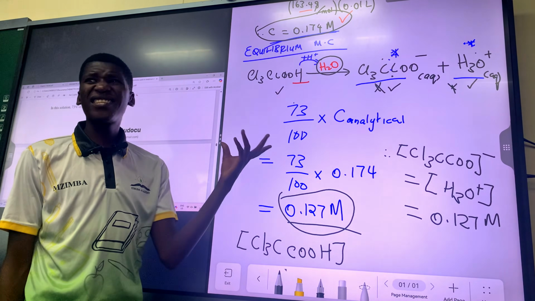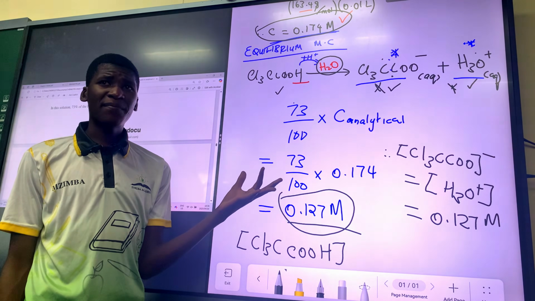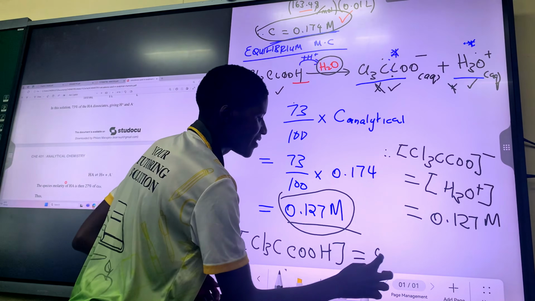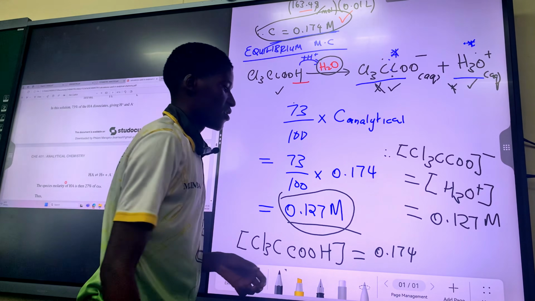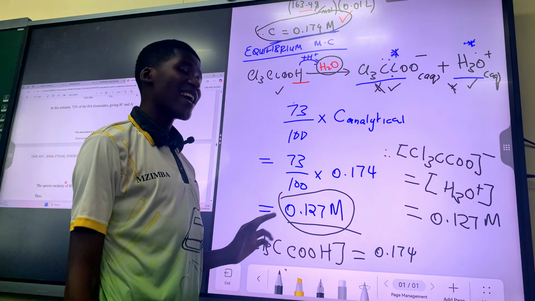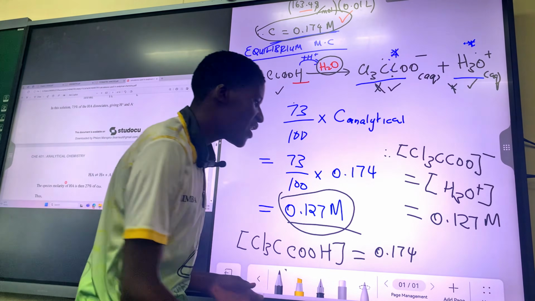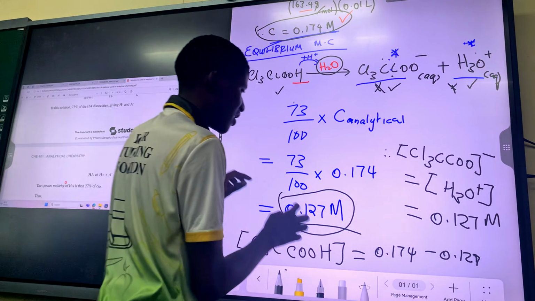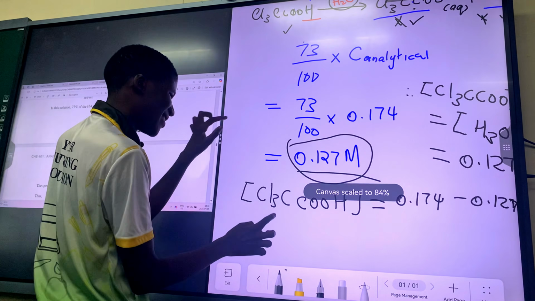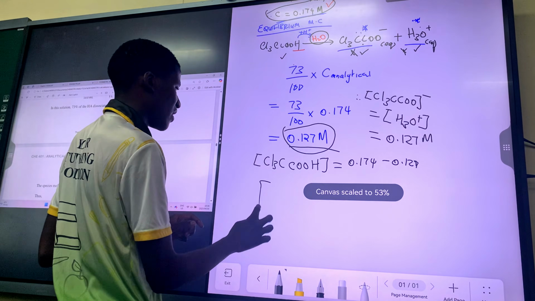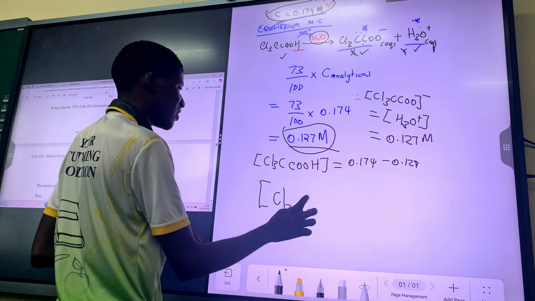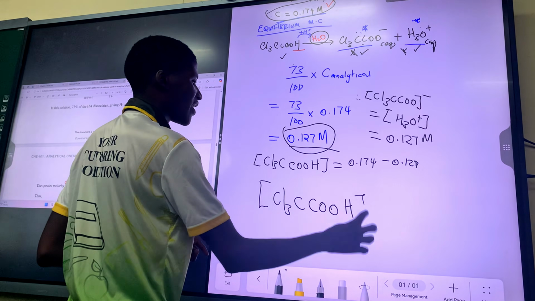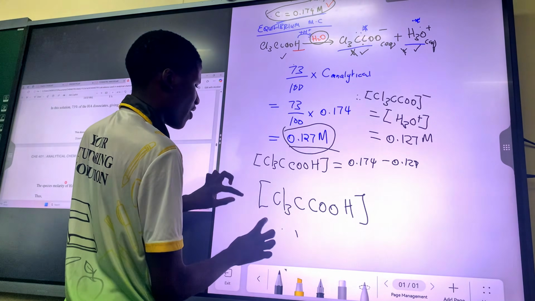So you can just subtract these two numbers. Here we had 0.174 molar of trichloroacetic acid. Then only 0.127 molar ionized. So how much trichloroacetic acid will remain, how much Cl3CCOOH will remain without ionizing?